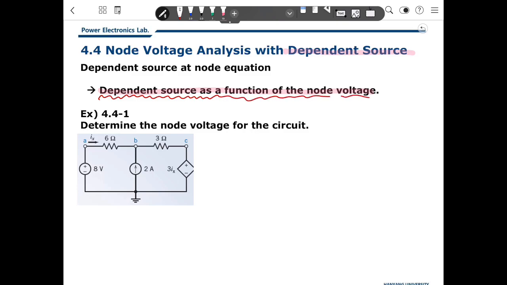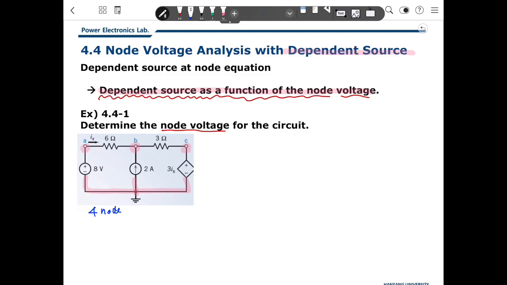So this is example 4.1. In this problem, we need to determine the node voltages for the circuit. First, we need to check how many nodes there are. There is one node here, this will be a node, this also will be a node, and this will be a node. So there are 4 nodes.